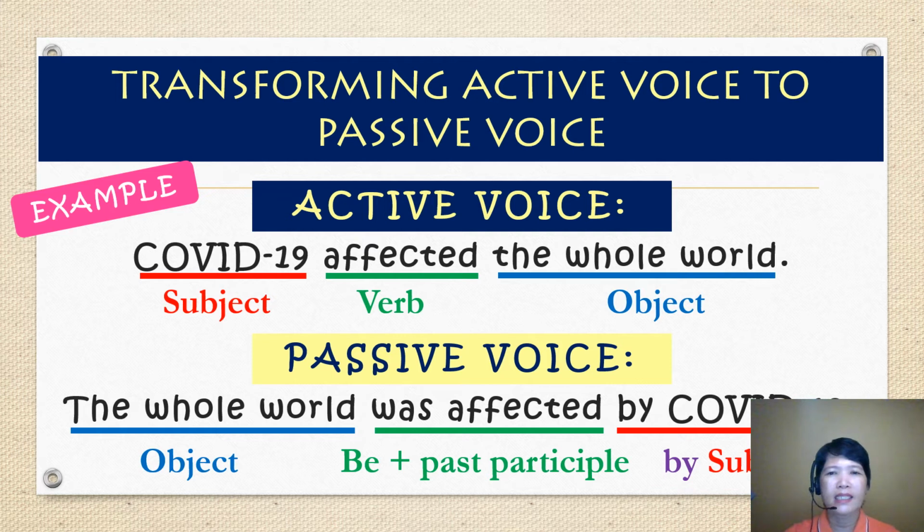In the second sentence, we are giving more importance to the object and the action performed by the subject rather than the subject itself. Usually, we use the active voice only. But before we proceed, here are the things that we need to remember in transforming active voice to passive voice.